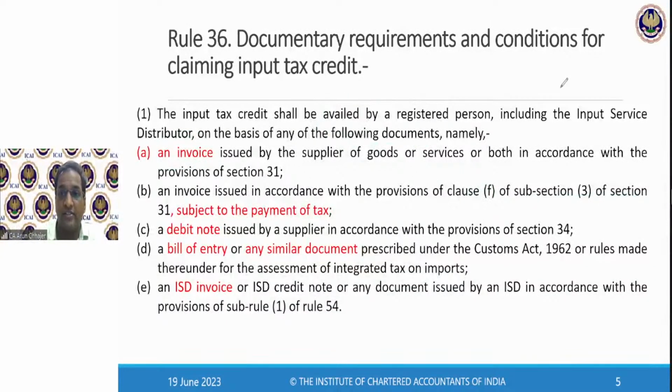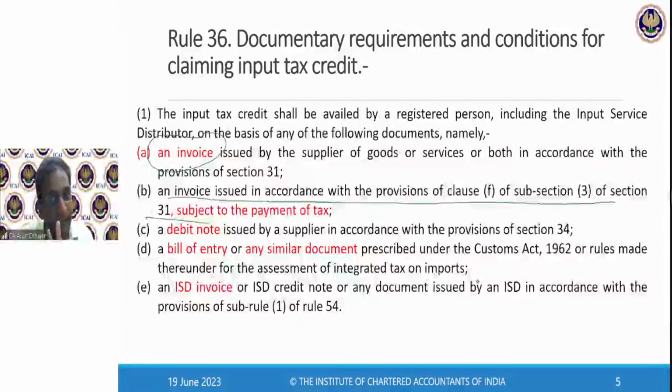Now try to understand this. If the transaction is covered under reverse charge, then there are two possibilities. Either the supplier is registered, in which case he will issue the tax invoice, or the supplier is unregistered, in which case, according to this provision, you have to prepare a self-invoice.